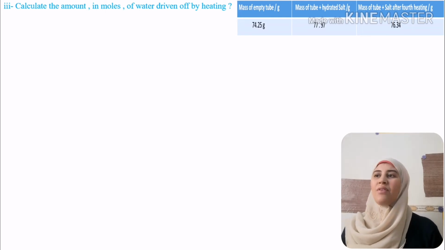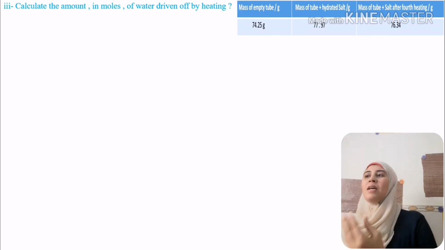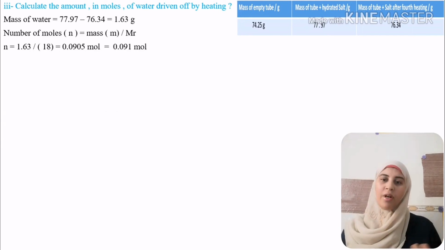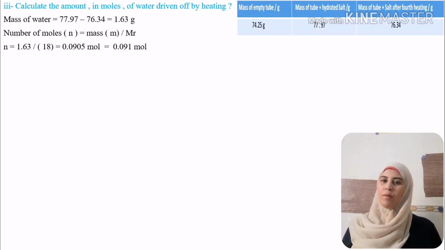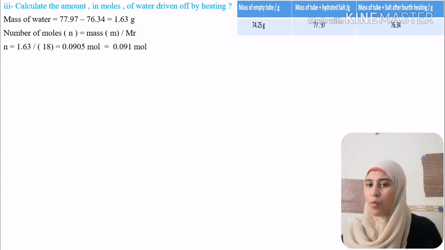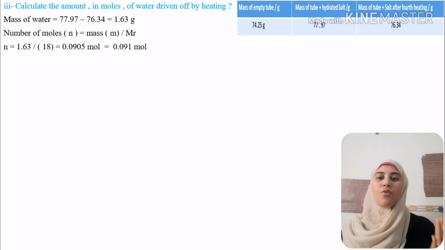So it is 77.97 minus 76.34. It is the mass of water removed, 1.63. Number of moles equals mass over relative molecular mass. Take care, we are talking about water. Relative molecular mass of water, H2O.